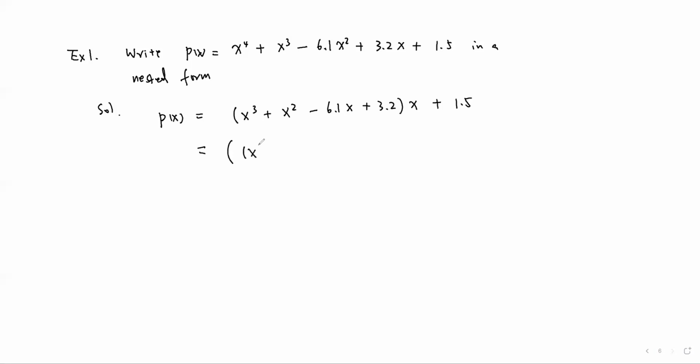Then we have x squared plus x minus 6.1, x plus 3.2, x plus 1.5. Now, consider the terms within this pair of parentheses. The first 2 terms, take x out. Then we have x out times x minus 6.1.